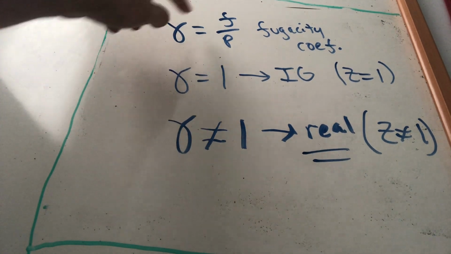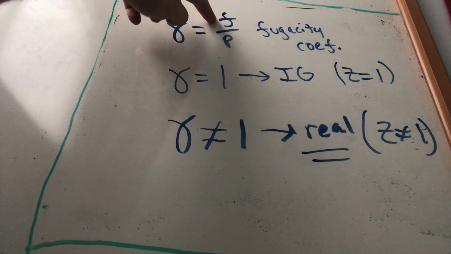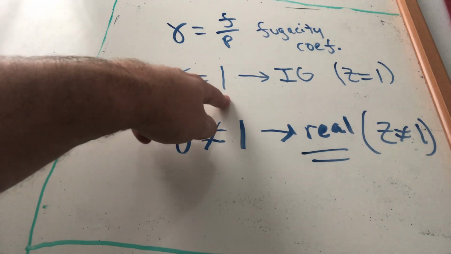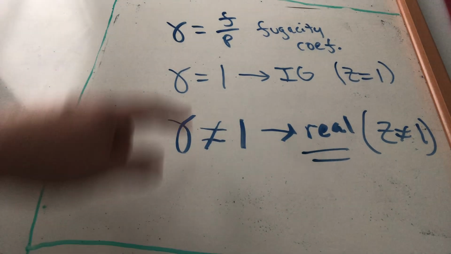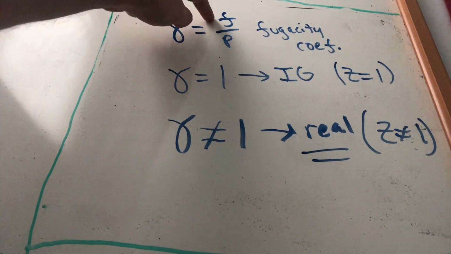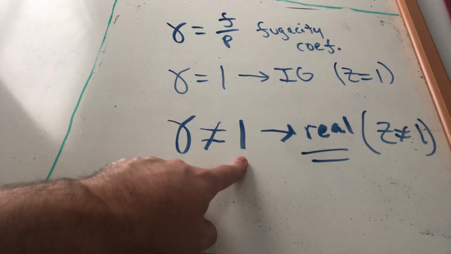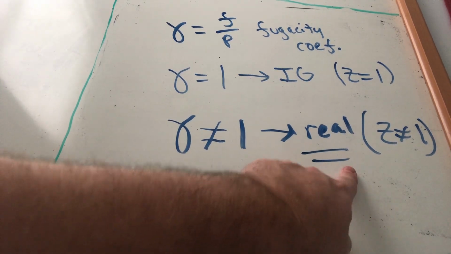Fugacity accounts for real gas behavior, but when it looks exactly like pressure, then gamma is 1, and we have an ideal gas. When fugacity and pressure differ greatly, that means those real effects are important. Gamma is not equal to 1, and we have a real gas.